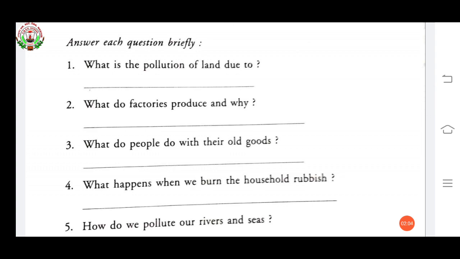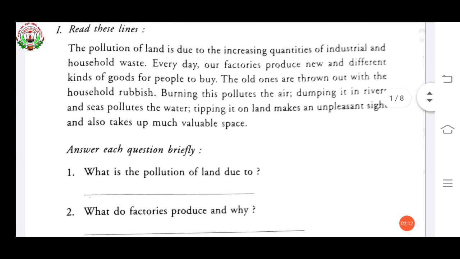Now see the third question. What do people do with their old goods? Now see, here it is in the third line. The old ones is given. So after the old you can write goods. Once you have to remove ones.